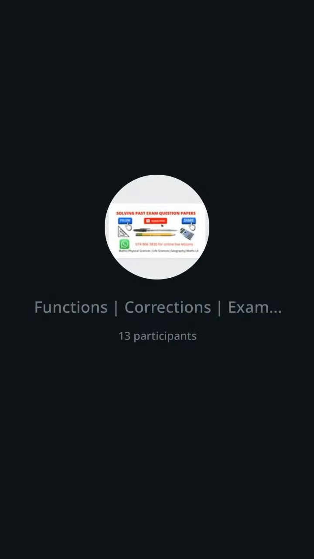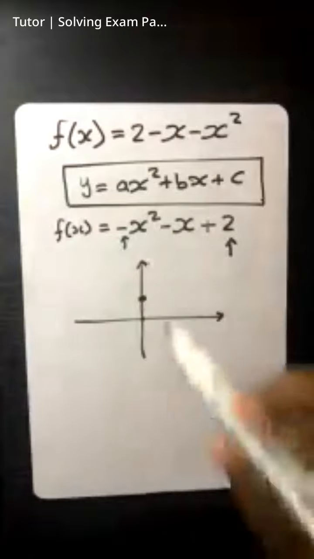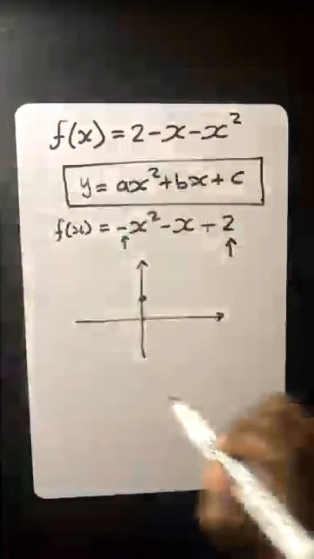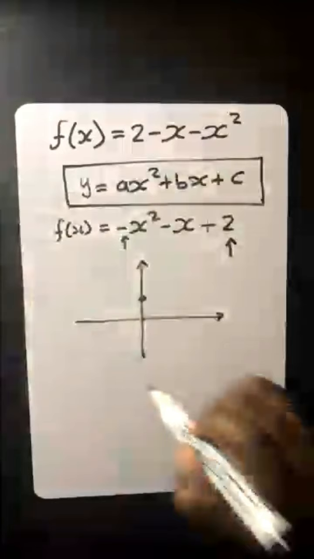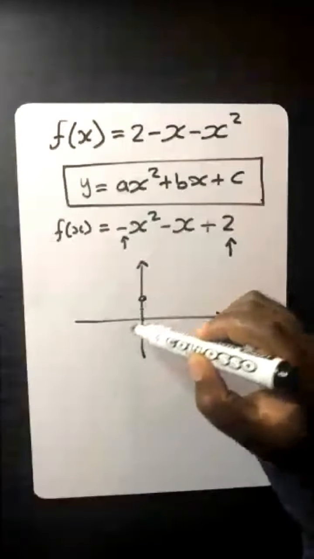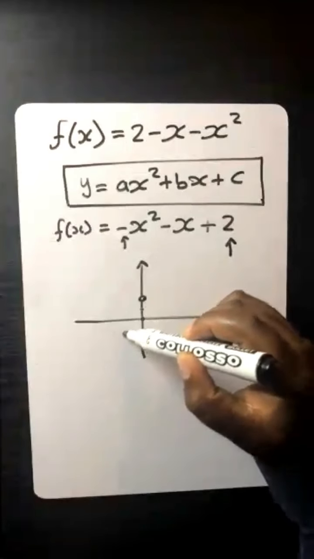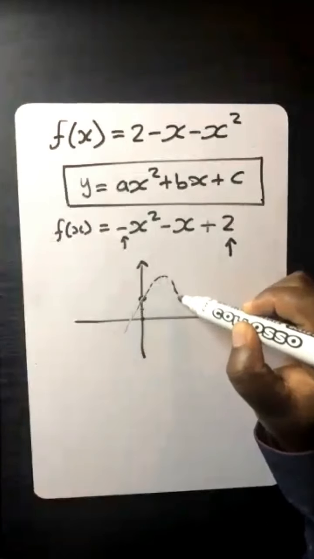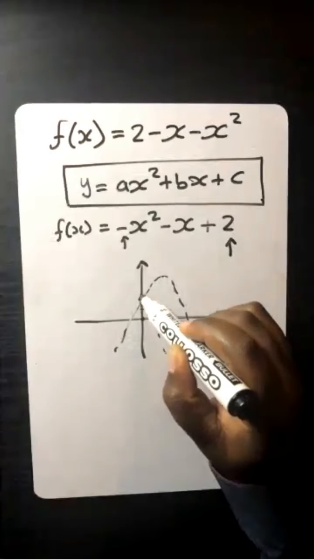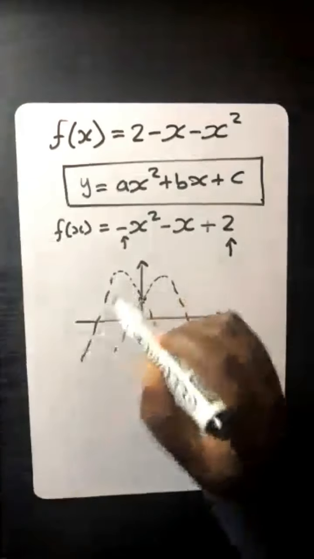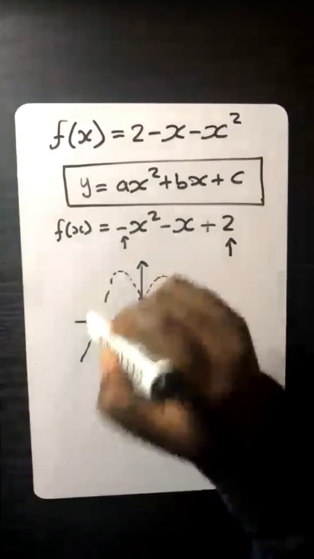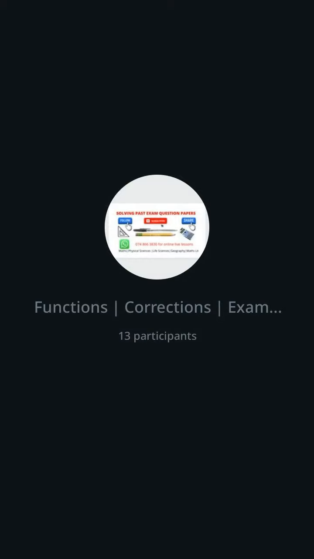Without doing any calculations to accurately plot the graph, I already know that my function could be something like that, or otherwise it could be something where the turning point is on this side, or the turning point is in the second quadrant.